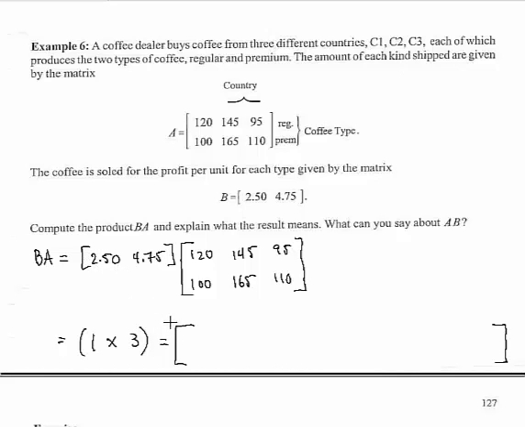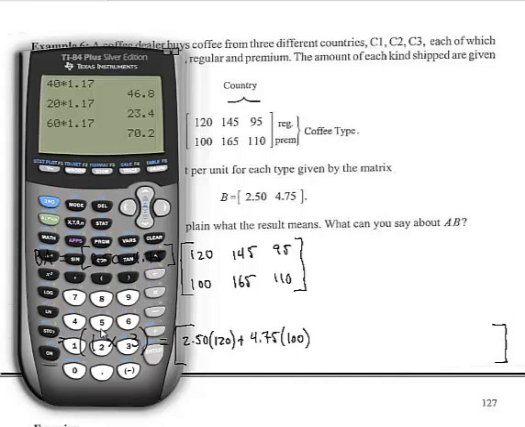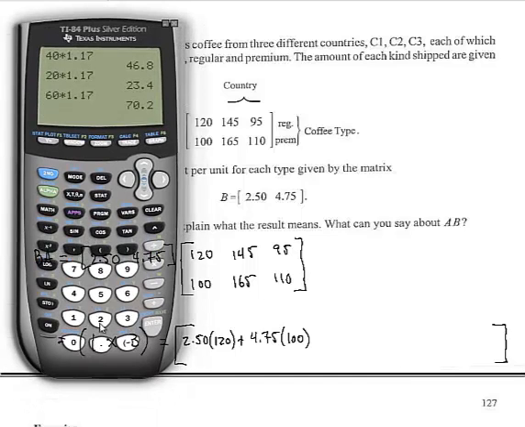That gives us some idea as to how to construct our product matrix, and I'll do this by hand. We take 250, multiply it by 120, and then we add to that 475 times 100. Okay, I'll go ahead and calculate all this. So let's see, 250 times 120 plus 475 times 100, enter, 775.